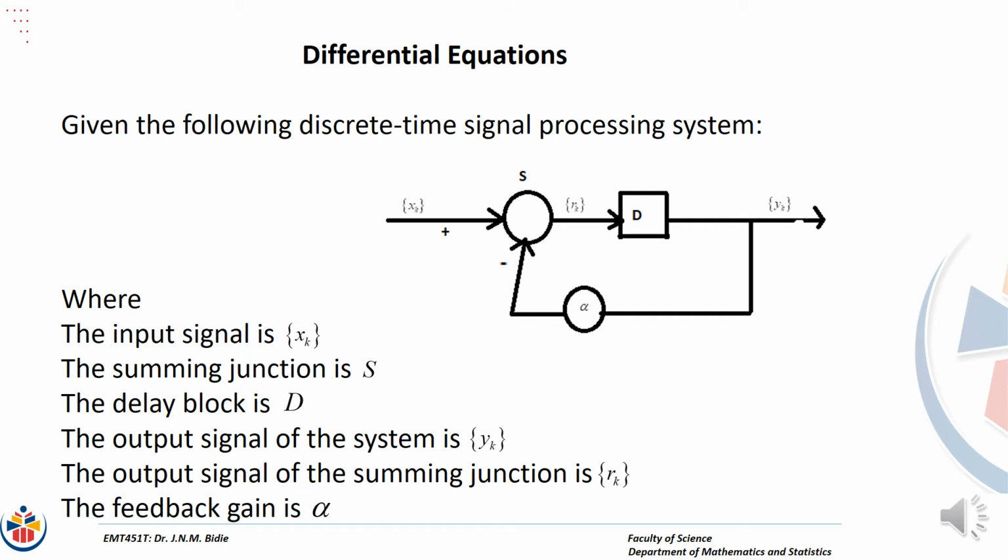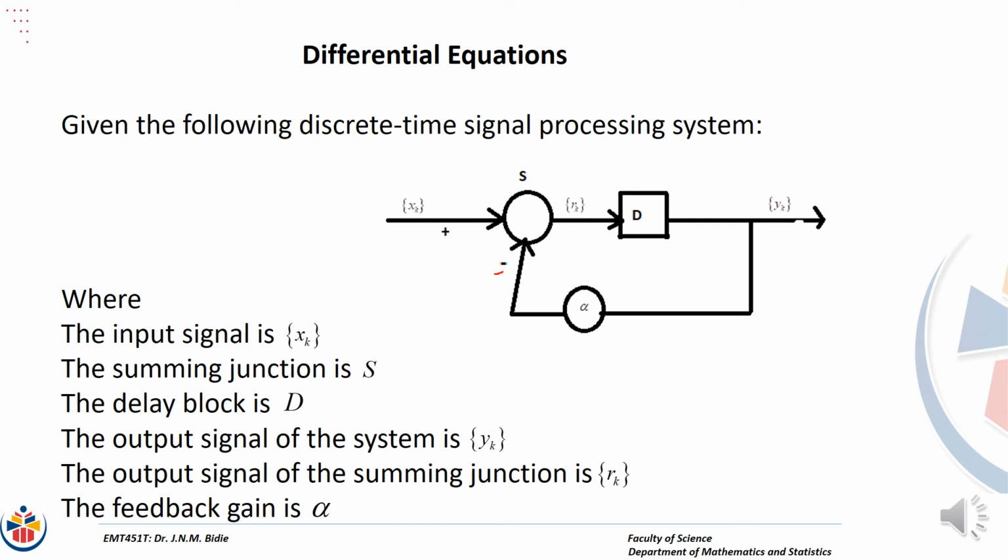We'll note that if we start with the summing junction, we need to recognize all the signals that are going into the summing junction. The first signal is xk into the summing junction. The second signal that comes in is alpha multiplied by yk, and you need to subtract it because it has been given that it has to be subtracted.